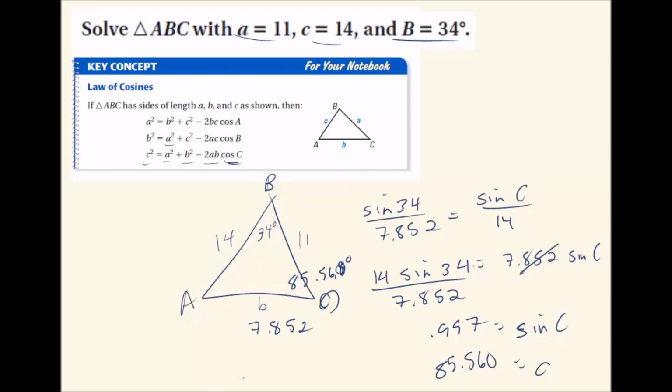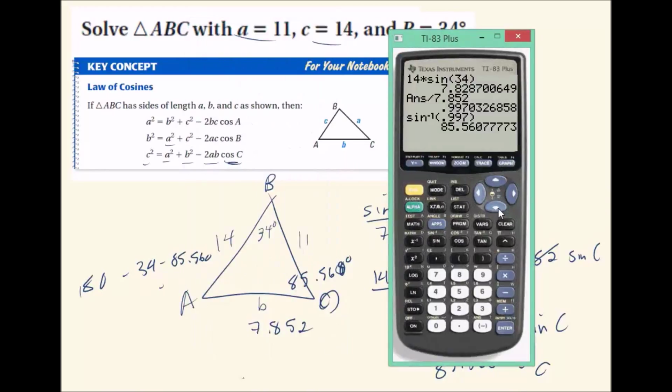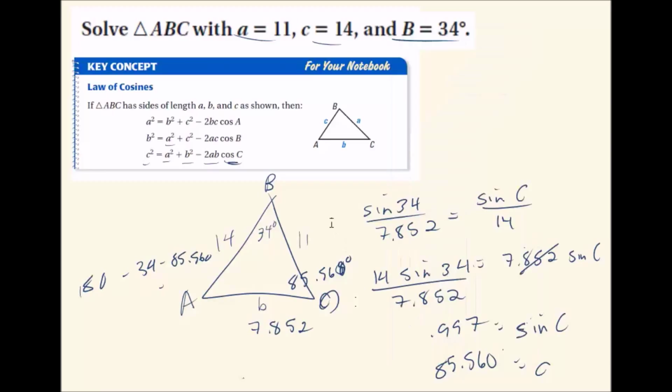To find the last angle, of course, we just do 180 minus the previous two angles, 34 minus 85.560, and that's going to give us our last angle, which I'll just do in the calculator really fast. Finding that last angle is just subtracting the angles from 180, which gives 60.44. And we solved for this triangle.